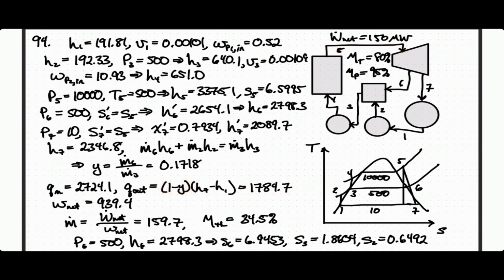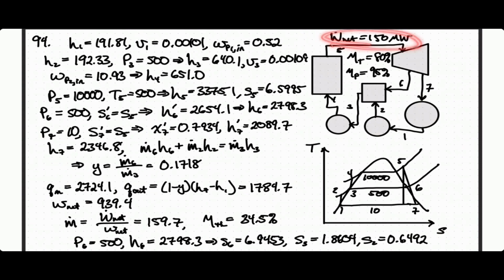We multiply by this factor. The net work out is this minus this, so the specific net work out is about 939 kilojoules per kilogram.